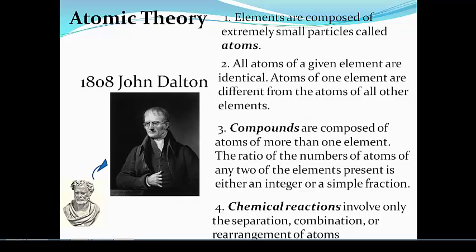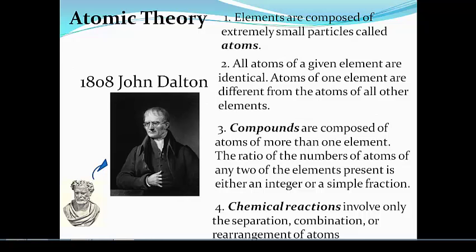There are 4 real parts to the atomic theory, and it's summarized in these 4 numbers. Number 1 says that the elements are composed of extremely small particles called atoms, and we know that already. Number 2, all atoms of a given element are identical.